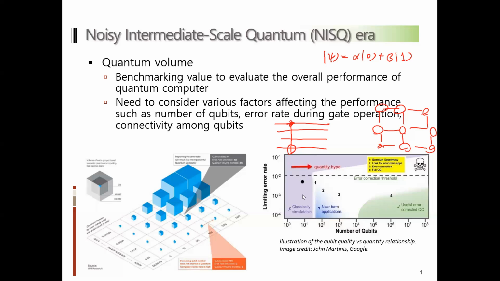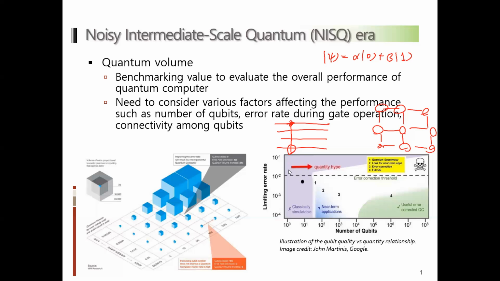One is, if our error rate is low enough, then just by increasing the number to somewhere around tens of qubits, we can reach the area which cannot be simulated by the classical computer. Or another option is, if you have some limited error rate, then you have to increase the number on the order of 10,000 or whatever, depending on your error rate.